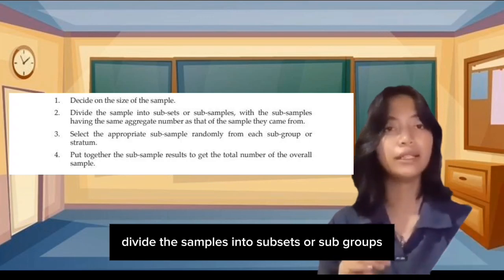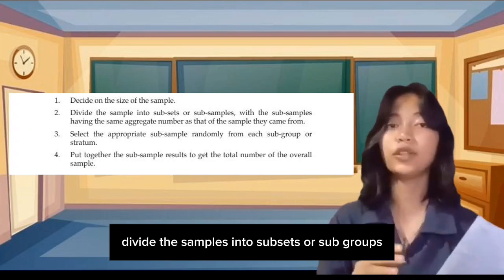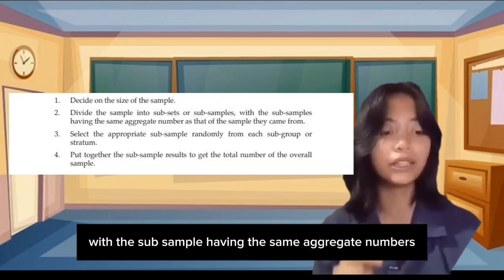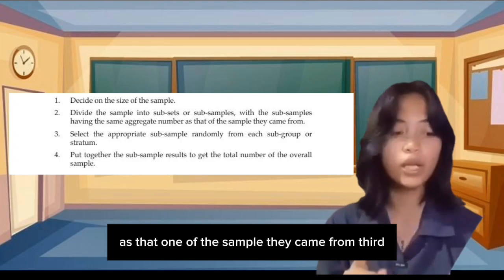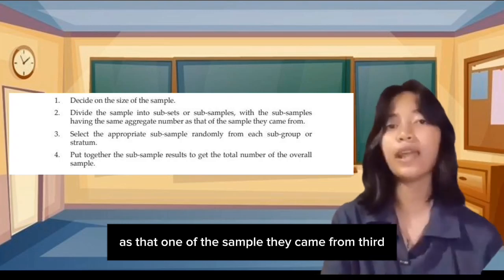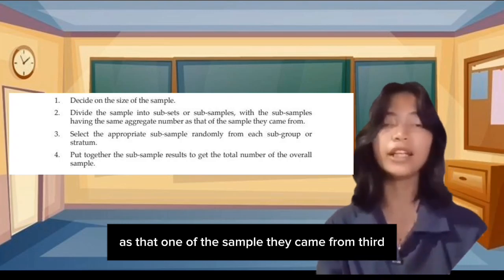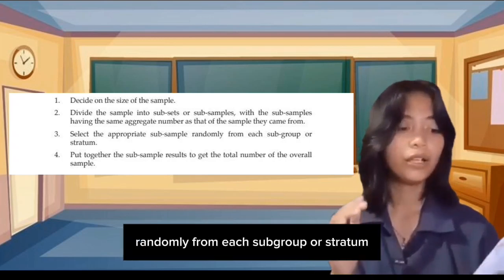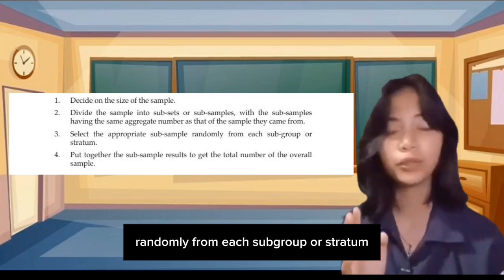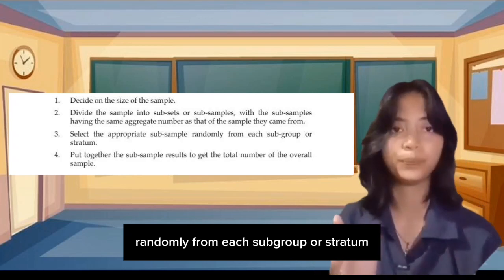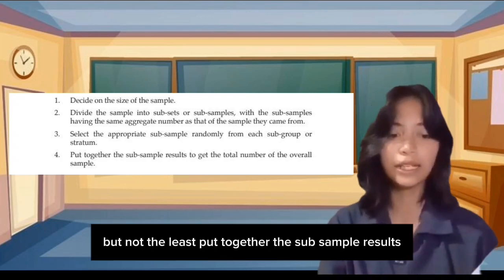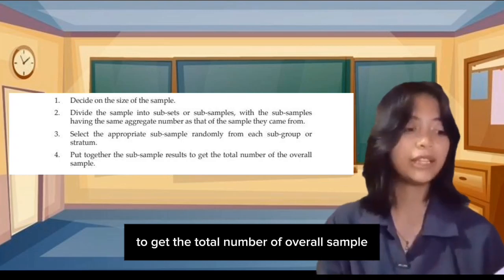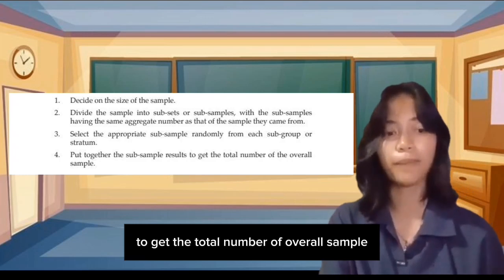Second, divide the sample into subsets or subgroups, with the subsample having the same proportion as that of the sample they came from. Third, select the appropriate subsample randomly from each subgroup or stratum. And the last but not the least, put together the subsample results to get the total overall sample.